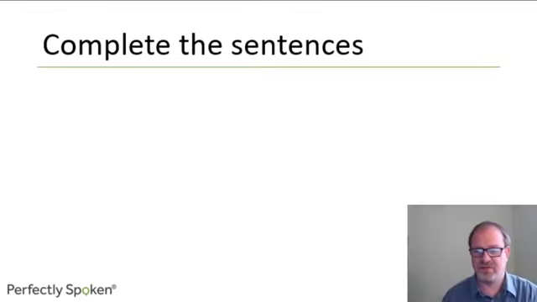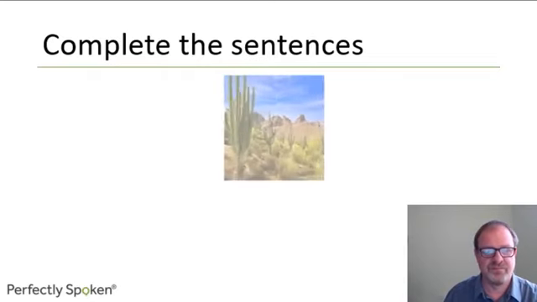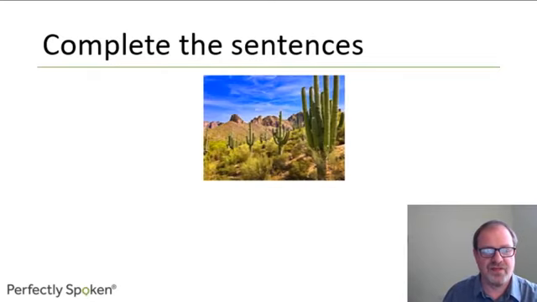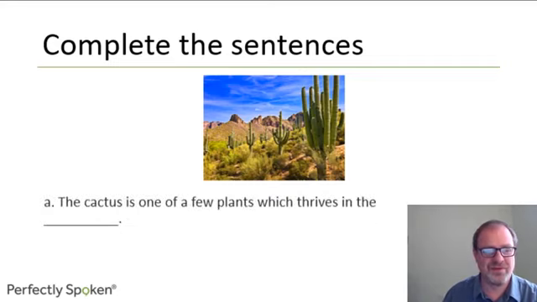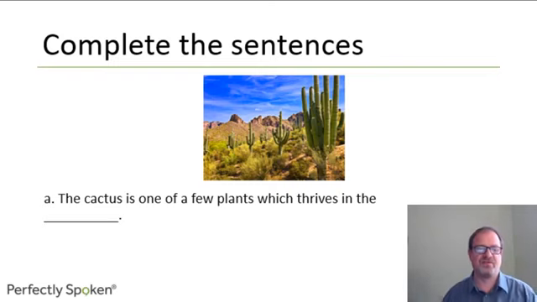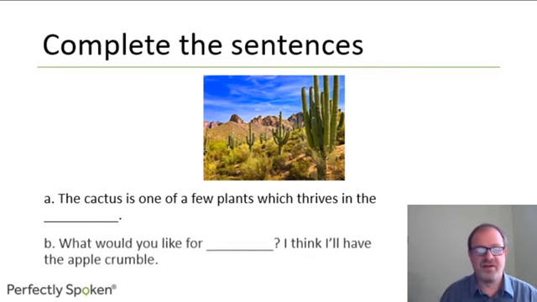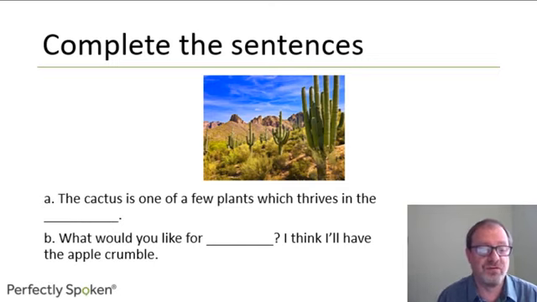So, here we go with the sentences this time. You've got a lovely picture of some cacti, which is the plural of cactus. The cactus is one of a few plants which thrives in the something. Thrives means flourishes, is able to live without any problems and to grow and develop, to thrive. And the other, what would you like for blank?